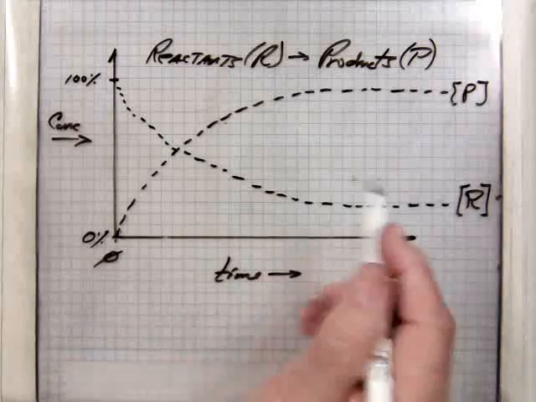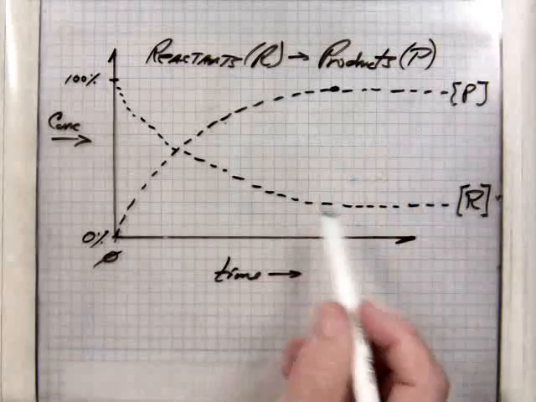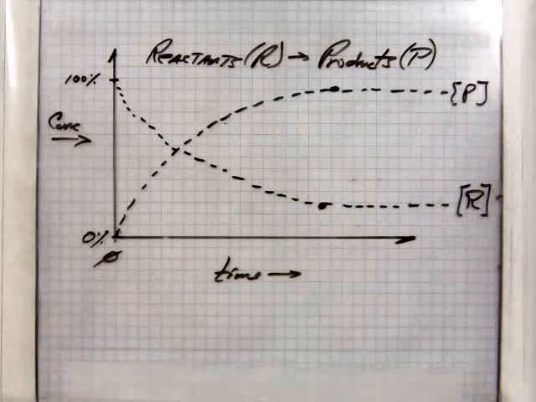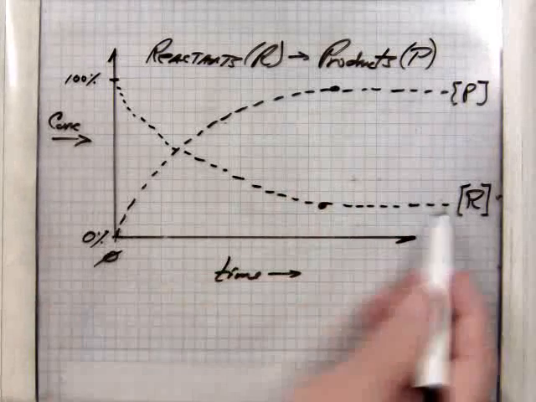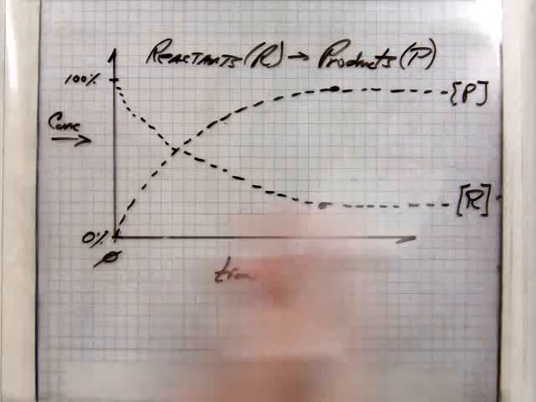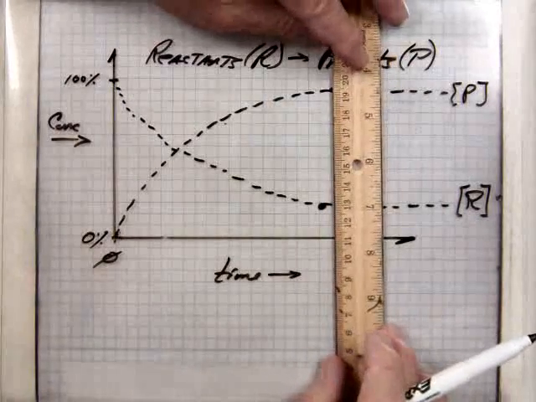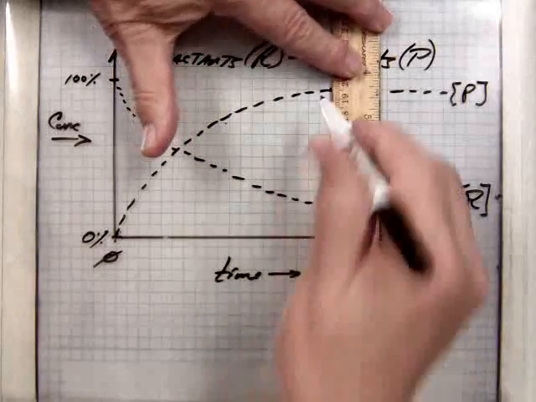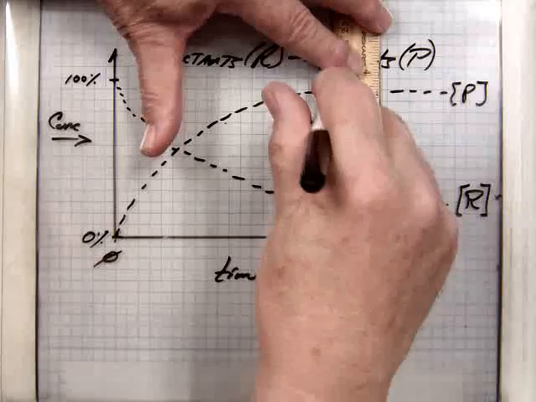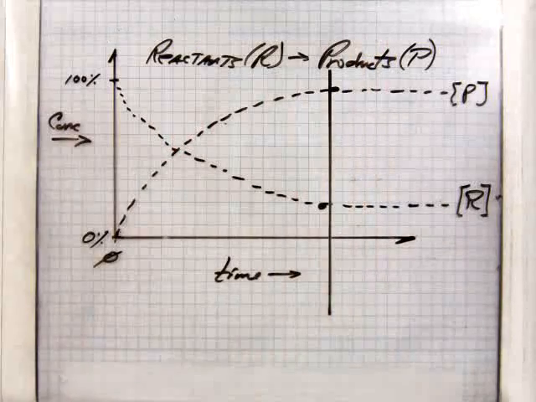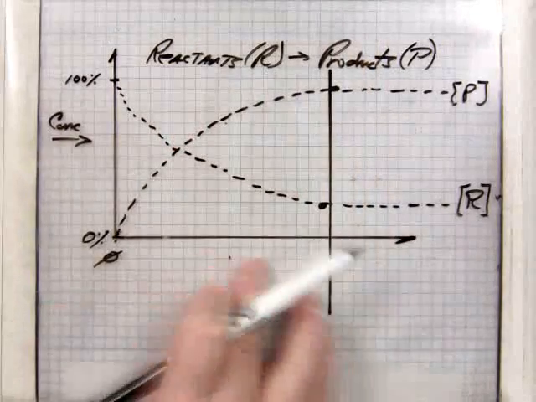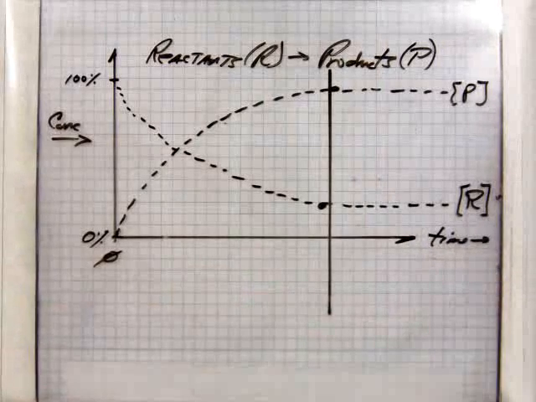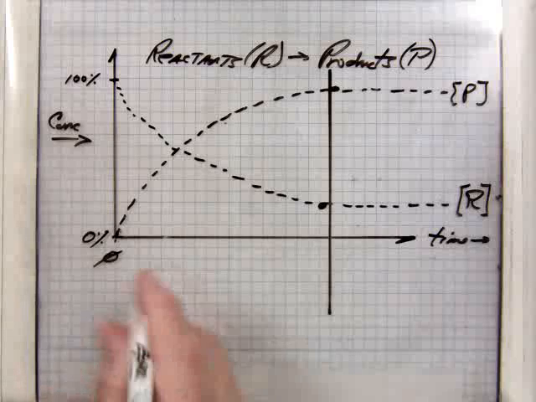Now in this diagram, there is a point where the slope of the concentration-time curve becomes 0. As you can see, it levels out. That point separates the kinetic region from the equilibrium region. I'll move time way out here so we have space to write.